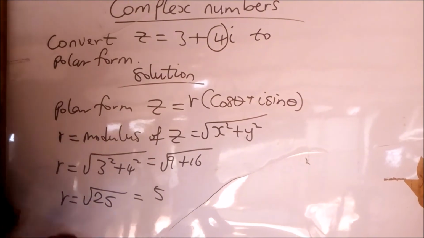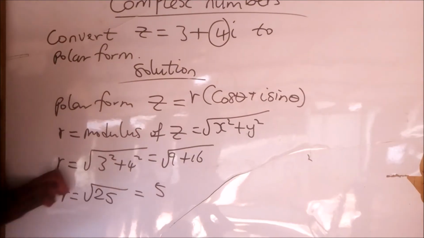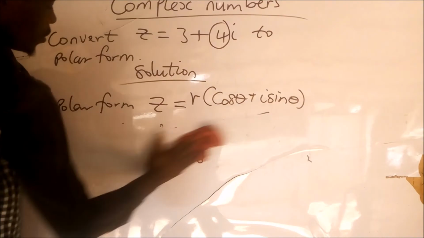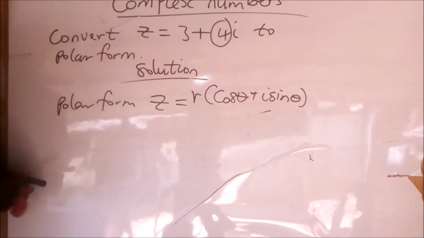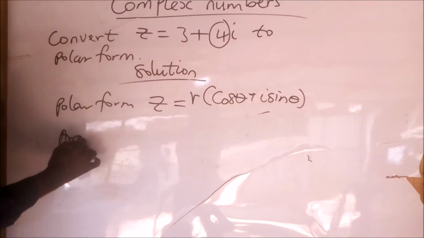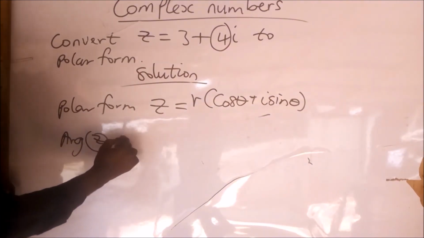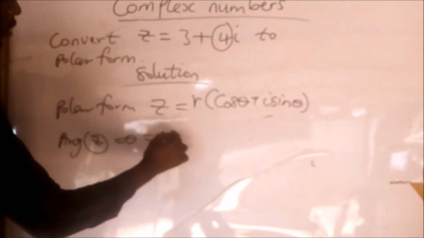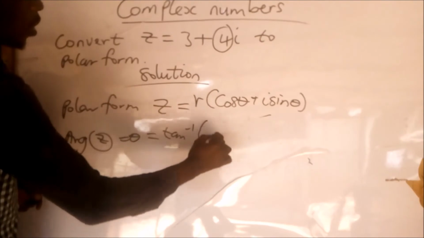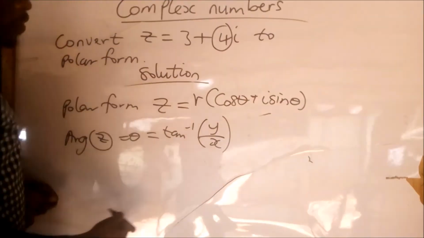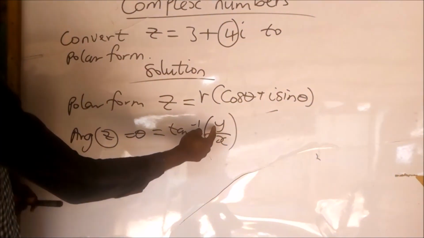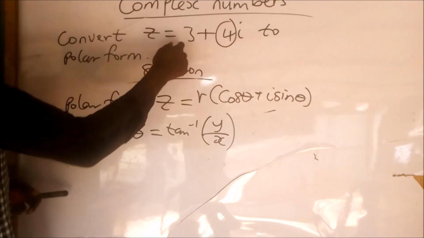Now after that, we're going to get the argument, and the argument is given as argument of z, which is theta, is equal to the tan inverse of y all over x. We have known the values of y and x as 4 and 3.